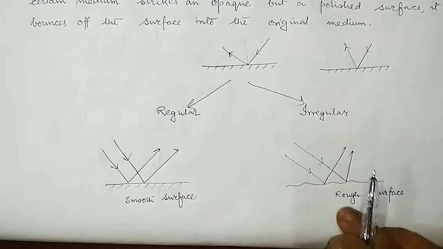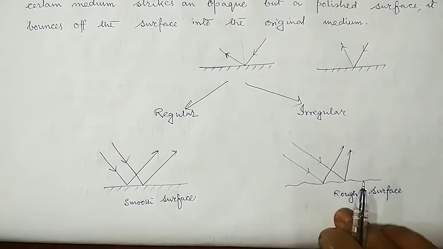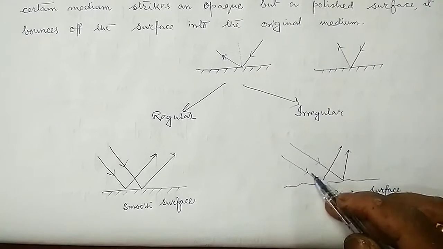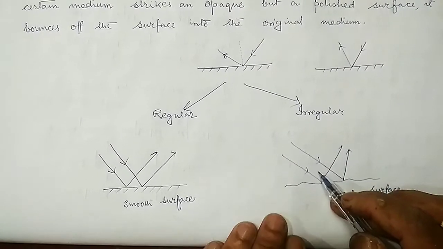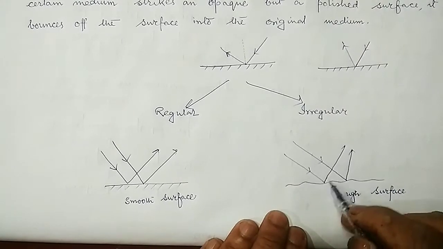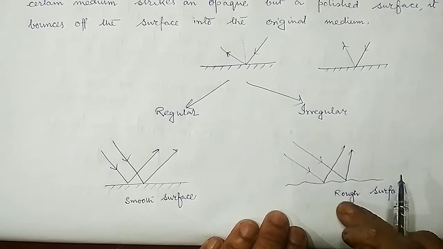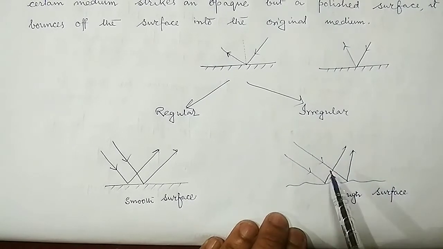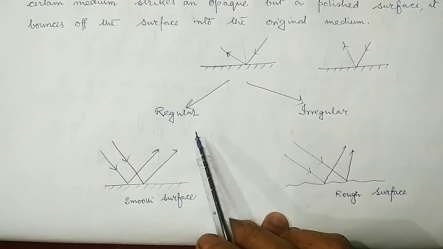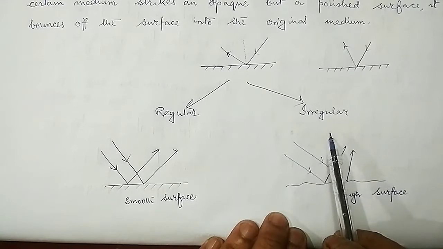And when the surface is not smooth, if a rough surface is there, then you can see parallel rays are striking. Here the beam is parallel, but after reflection, they are moving in different directions. That means reflected rays are not parallel. Then we use the term diffused or irregular reflection. I hope the terms regular reflection and irregular reflection are clear.